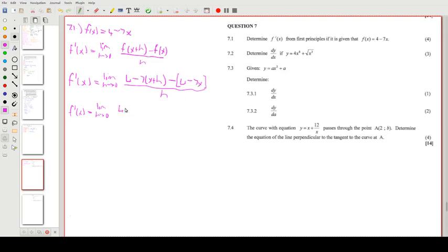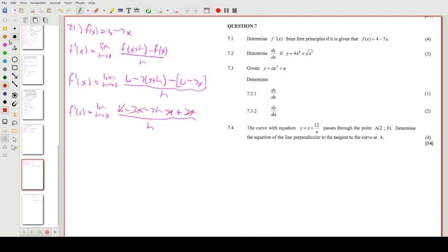Okay, so let's multiply out and simplify the top. So we've got 4 minus, and then 7 times x is 7x, minus 7 times h is minus 7h, minus 4, and minus times minus 7x is plus 7x. All of that over h, and we can see here that 4 minus 4 is nothing, and 7x minus 7x is also nothing.